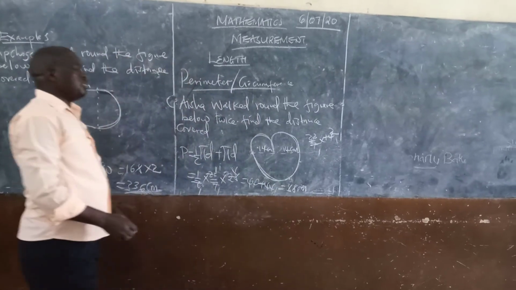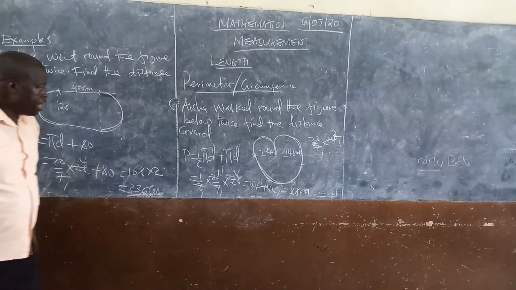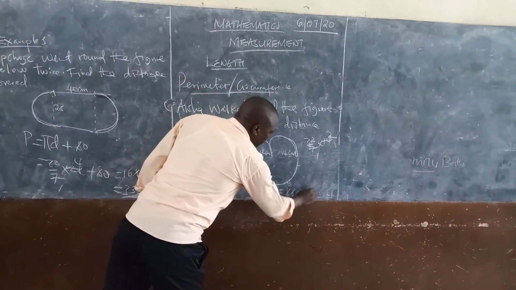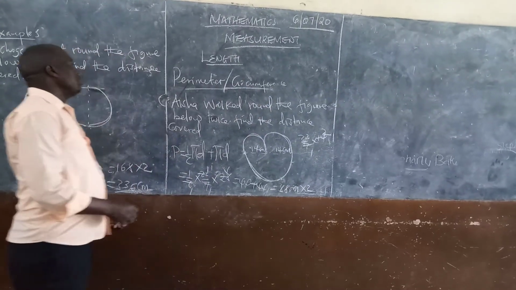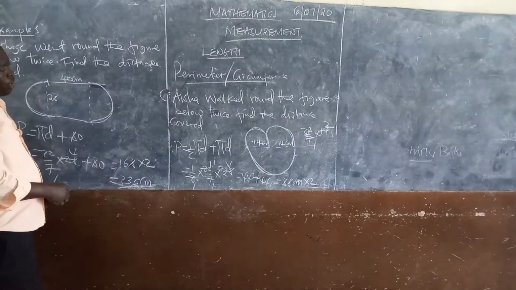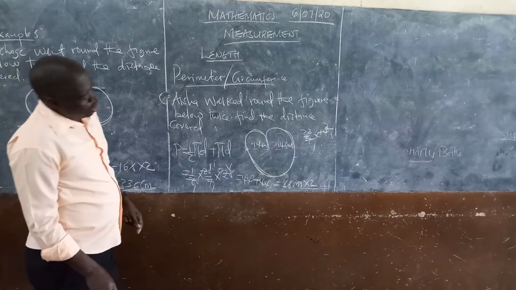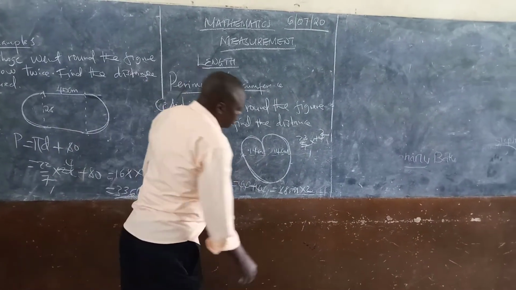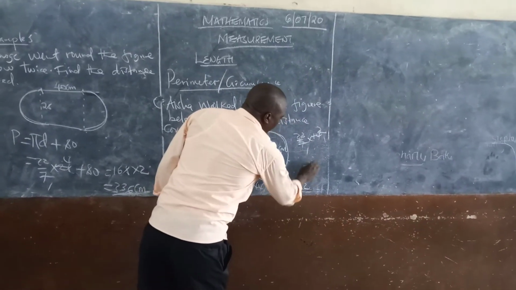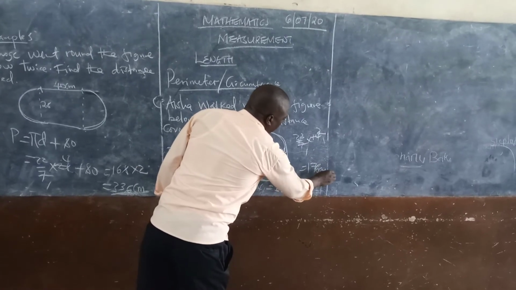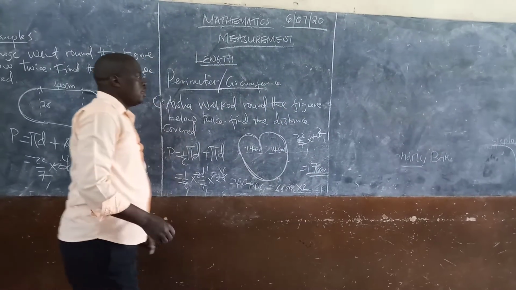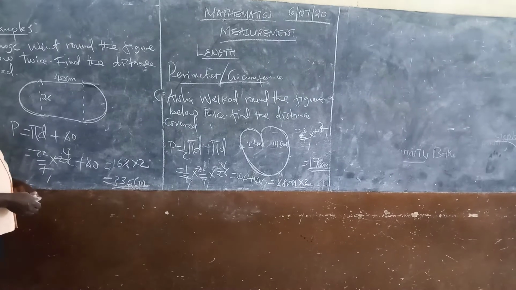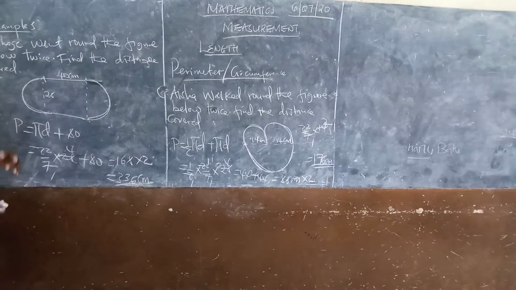The question is, Aisha went twice, so multiply by 2 again. 88 times 2 is 176. So we have 176 centimeters, and that is the perimeter for that figure.